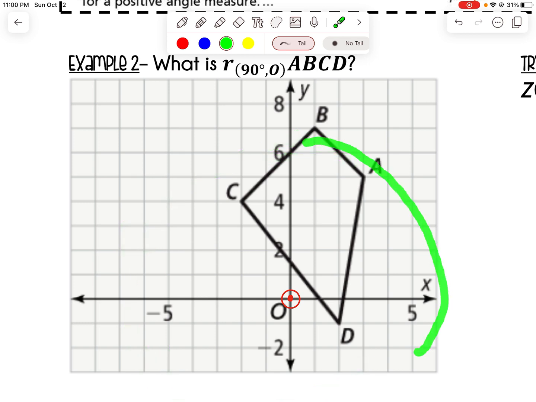Or you could think of it as a quarter turn backwards. Then a full rotation is 360 degrees. So whenever you rotate this object, you'll end up with the figure here. And I actually want you to see me trace the figure and see where it goes.